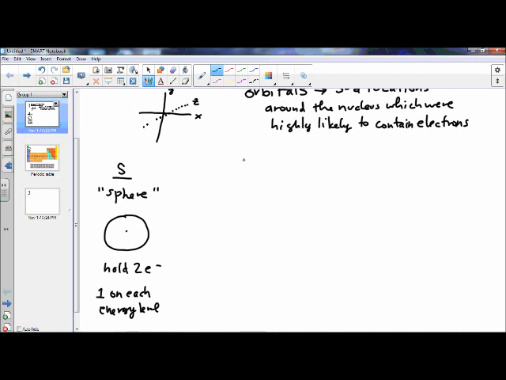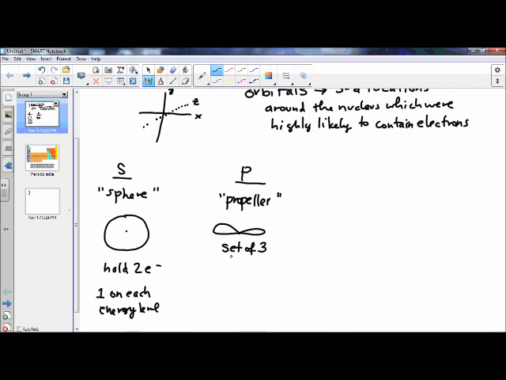The next orbital type of shape is P. P stands for propeller, because this is roughly the shape. Again, the nucleus is here in the center, and they'd be shaped kind of like two balloons that are held together at the center. Now, these come in a set of 3. One of these is on the x-axis, one on the y-axis, and one on the z-axis.